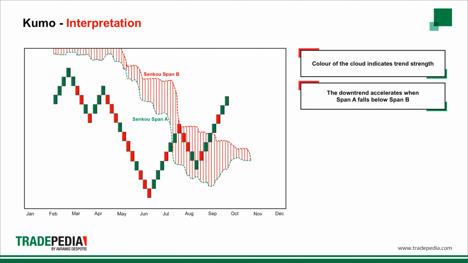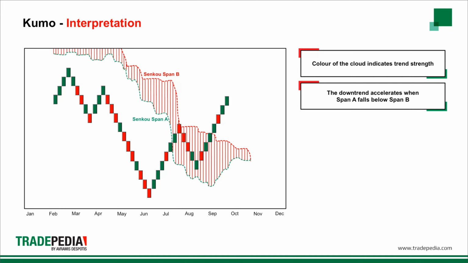Okay, so it's bearish. Then for when the uptrend strengthens: when prices move from a downtrend to an uptrend, the uptrend strengthens when leading span A, the green cloud line, crosses above leading span B, the red cloud line. When this happens, it produces a green cloud.